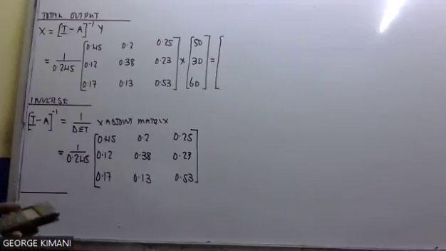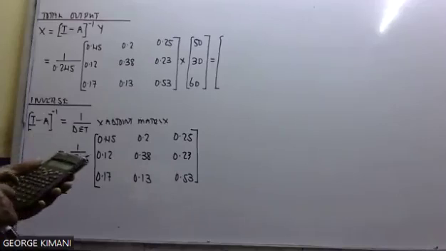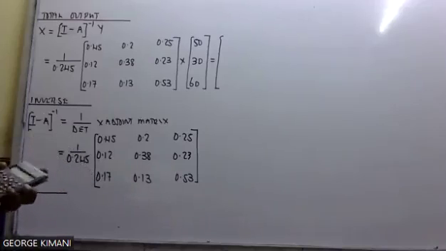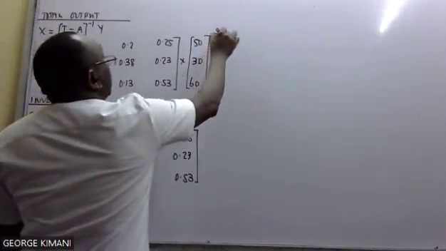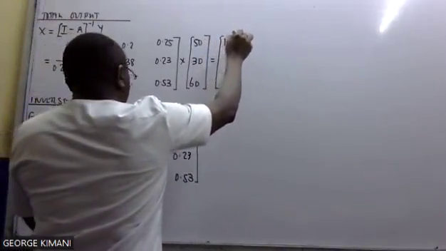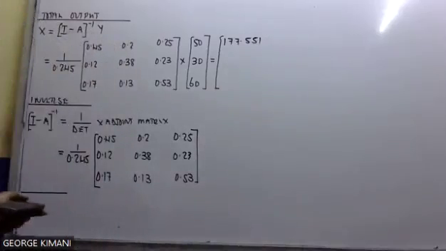Is the first one 43.5? Yes. Now divide by 0.245. You get 177.